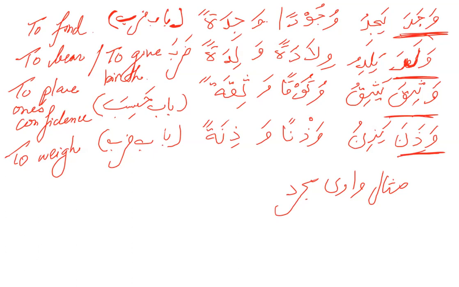So you see the active past tense, active present tense, the masdar, and the bab and the meaning. These are six things that you should know about a fi'l in order to make the sarf and understand it.